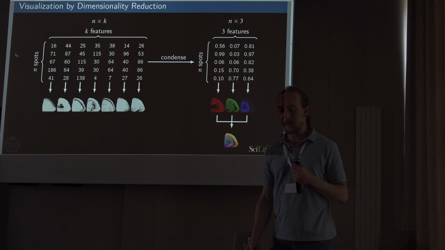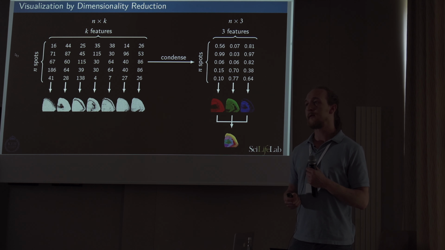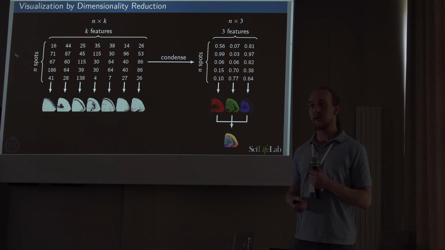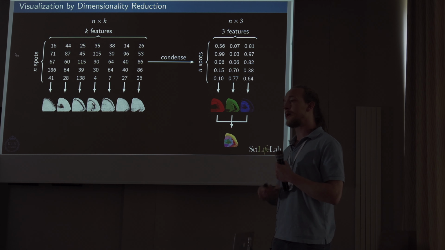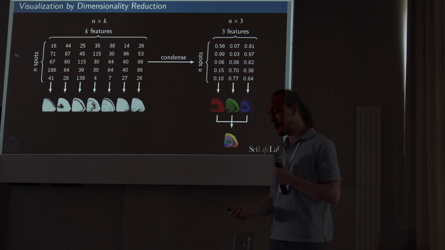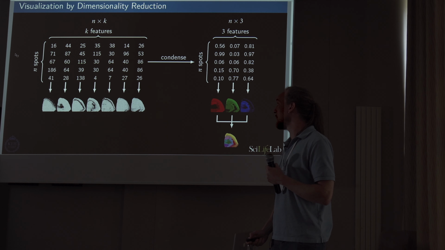One of the first things I ended up doing when I joined the lab was to apply dimensionality reduction techniques in order to directly visualize information. And the idea is fairly simple, really.